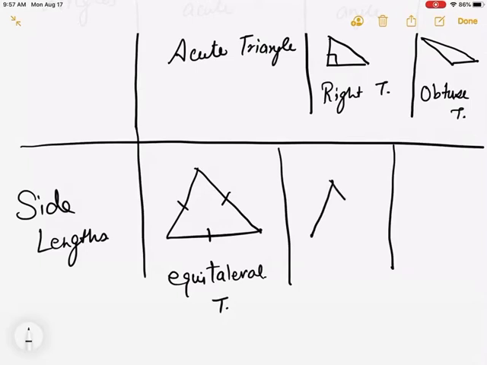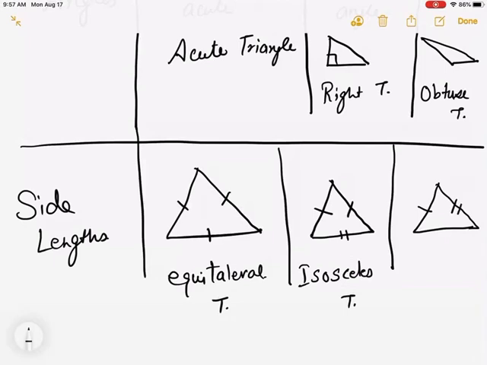If two sides are the same, it's called isosceles. The last one is if all three sides are different, then this is called a scalene triangle. So that's how we classify triangles.